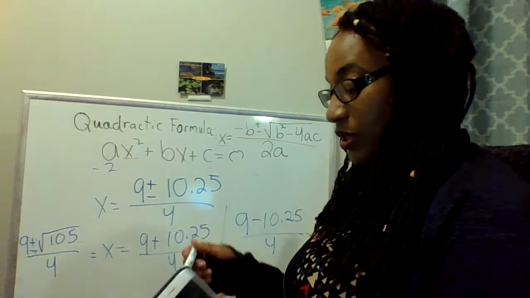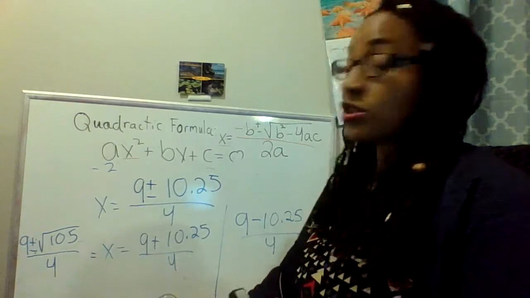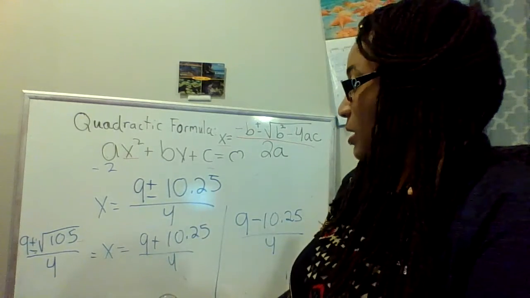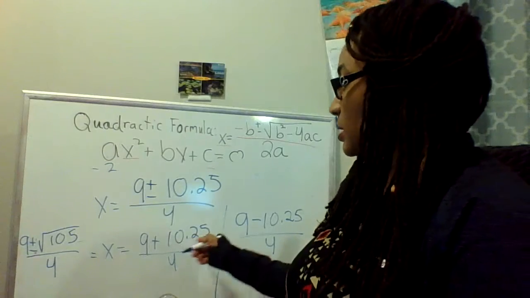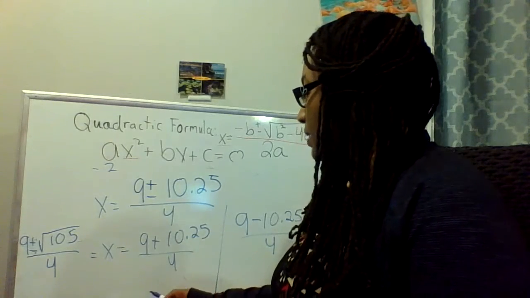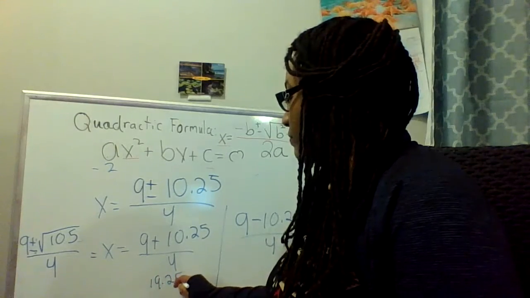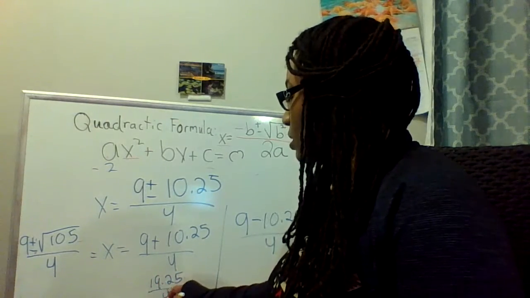So x will equal both of these. In my calculator, I'm going to just plug those in. Okay. So I know that 9 plus 10.25 is going to be 19.25 divided by 4.